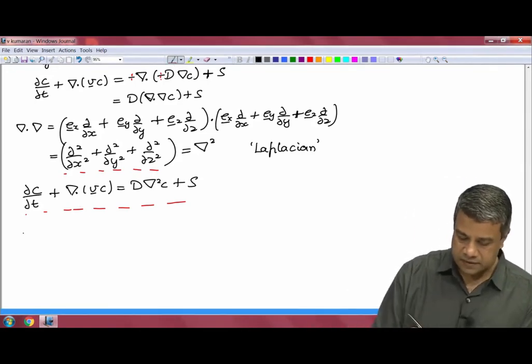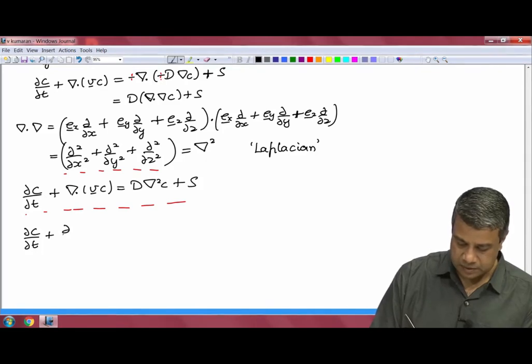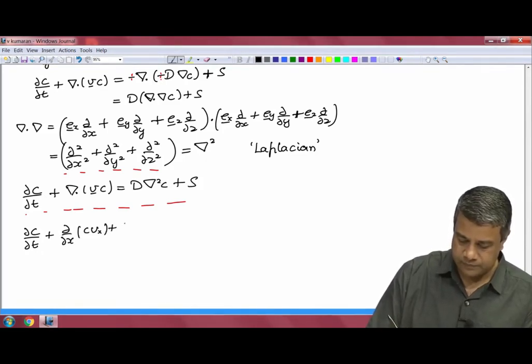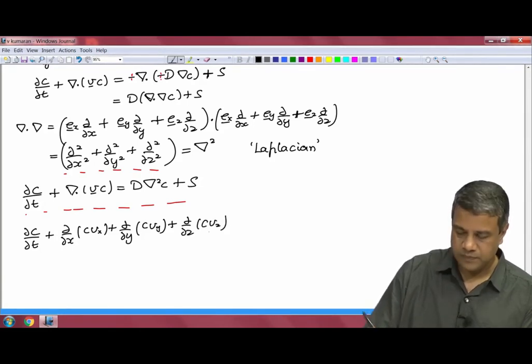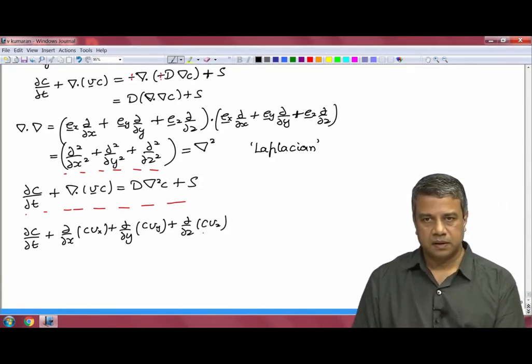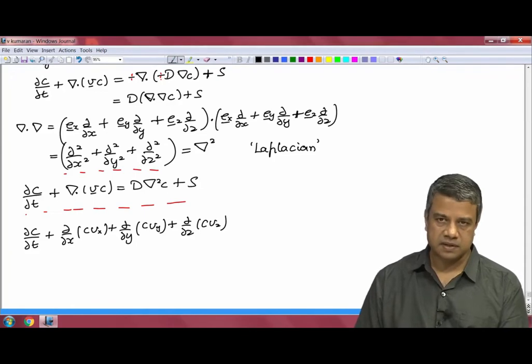Let us look at the left side of this equation, partial C by partial t plus the divergence of V C. I can use the product rule for differentiation to differentiate these products of the velocity and the concentration.